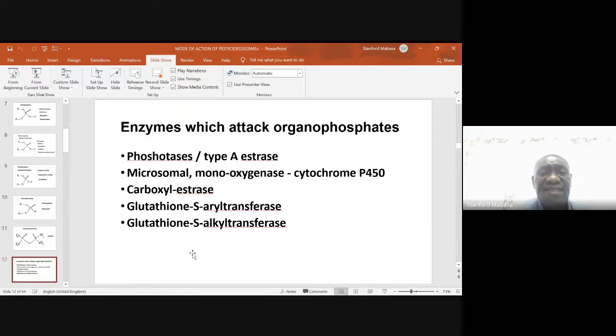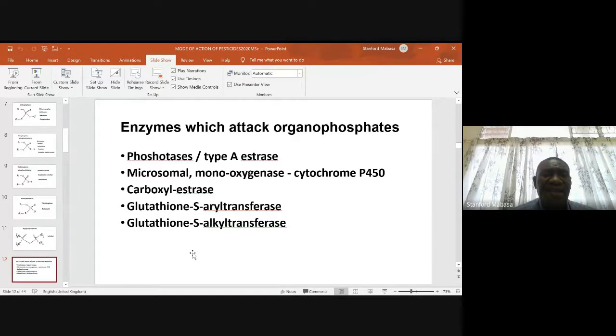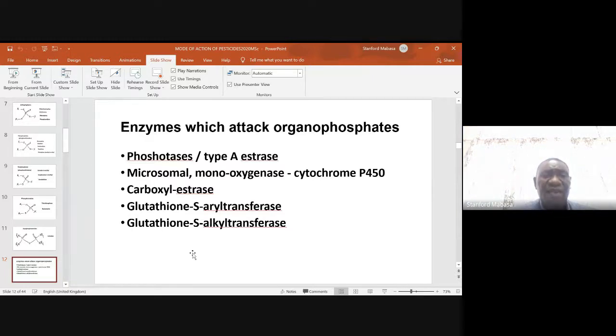Now, here is a group of enzymes which can attack organophosphates in the insects or humans. This should be phosphatases.